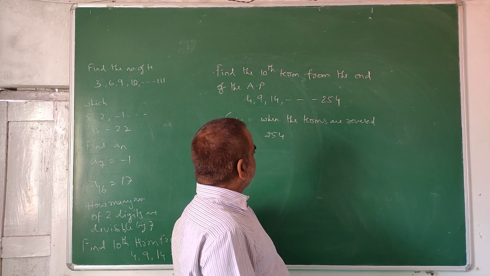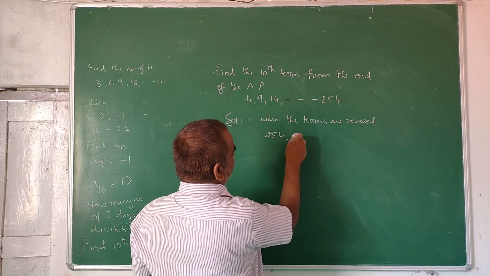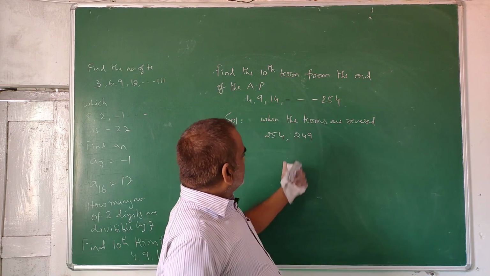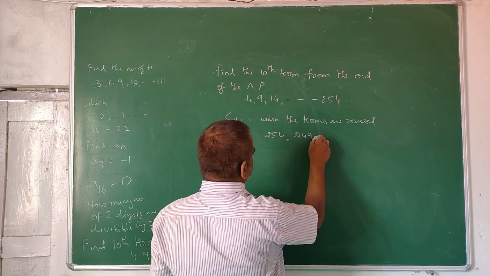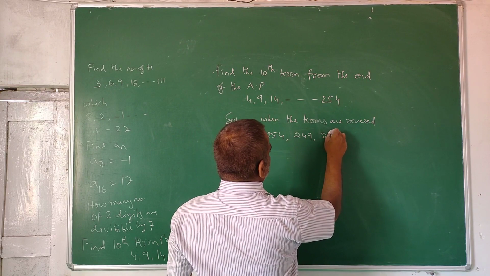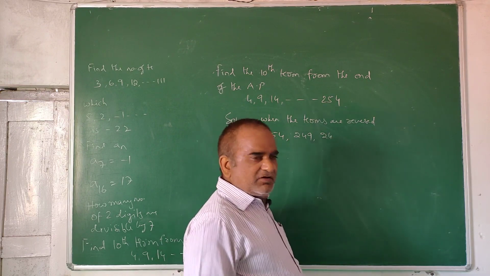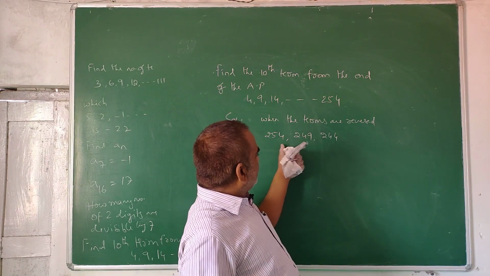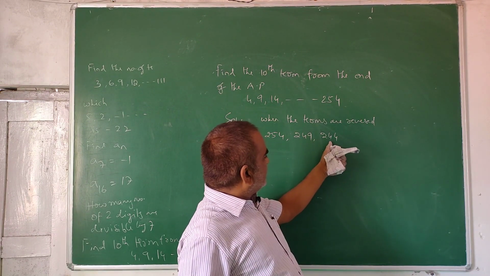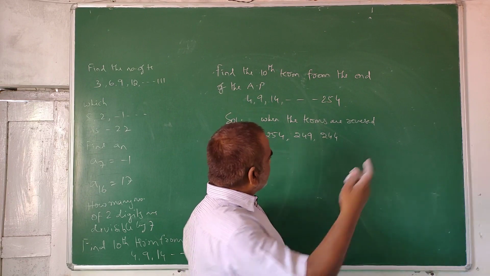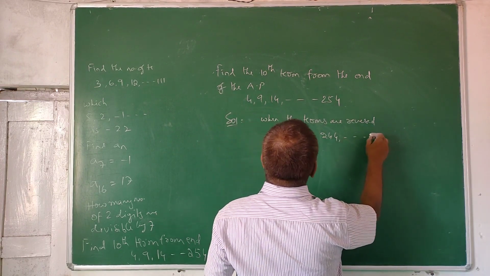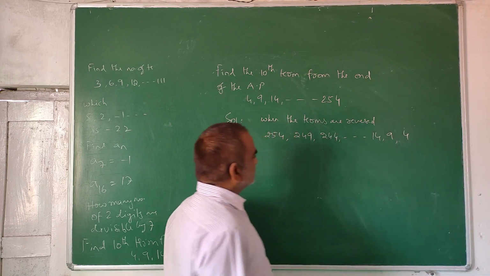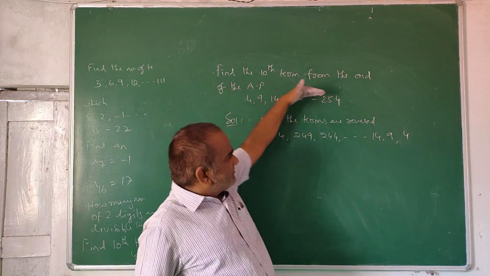So 254, 249, are you following? Next 244 and so on, down to 14, 9, 4. So this is the given progression.